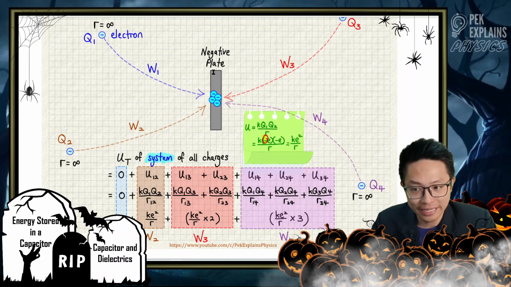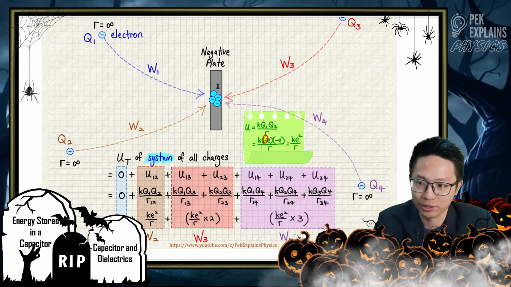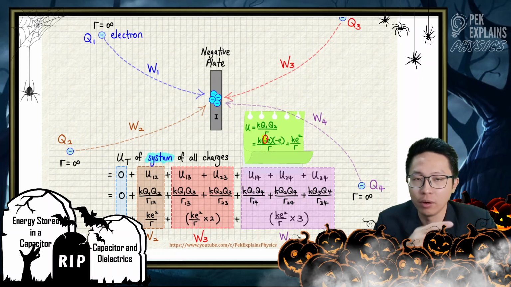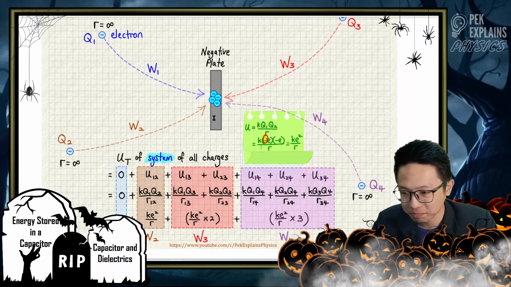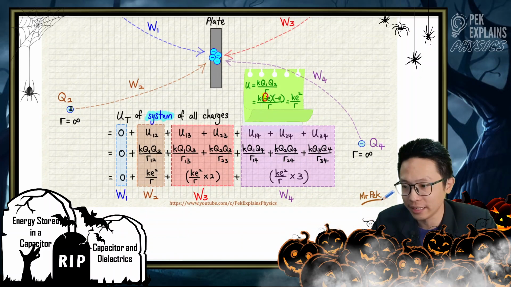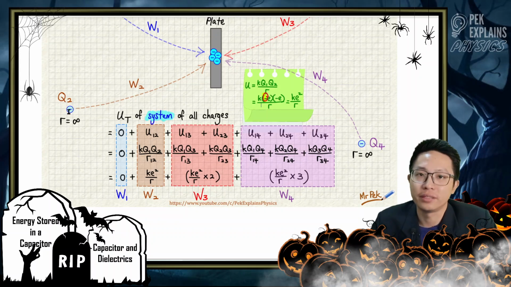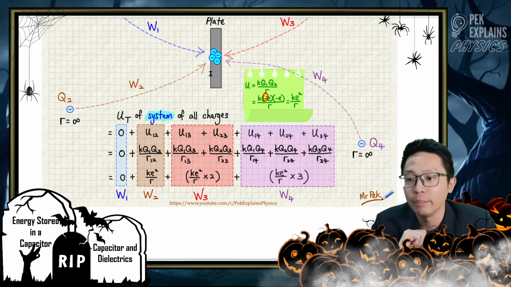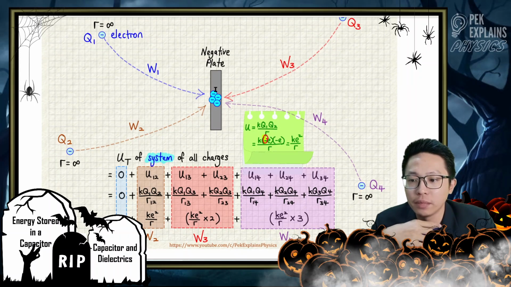Now, you already brought the first electron to that plate. The negative plate already has one electron and one negative charge. Now you are bringing the second electron from the positive plate to the negative plate. This second electron is a little bit harder to bring, because the negative plate already has one electron.